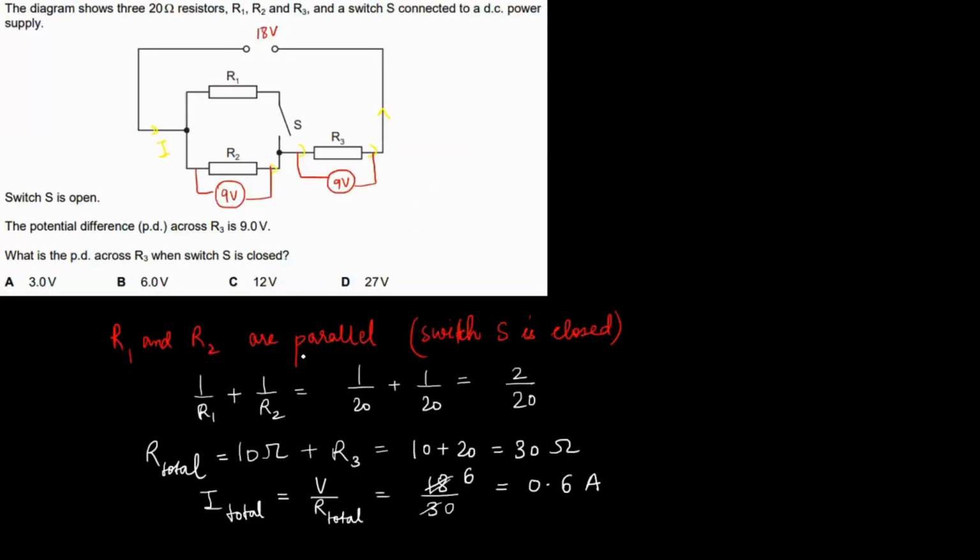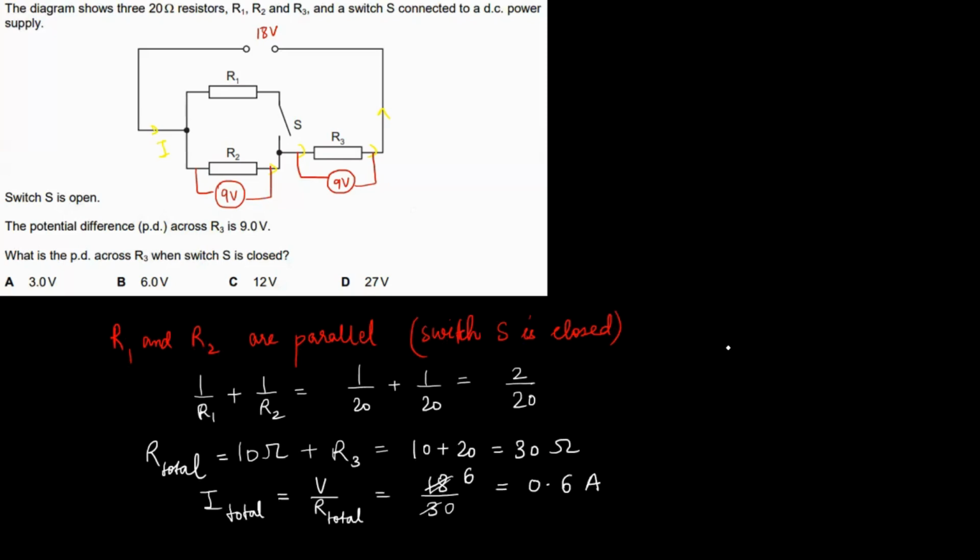Now we can say that the total current flowing through the circuit is 0.6 ampere, so the same current will flow through R3, because finally the current divides in R1 and R2, and then it moves to R3. So 0.6 ampere current flows through R3.